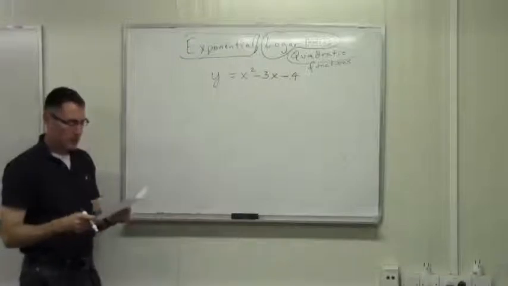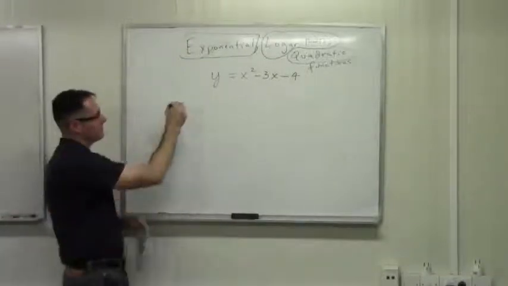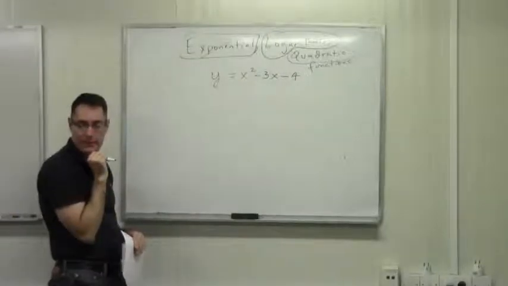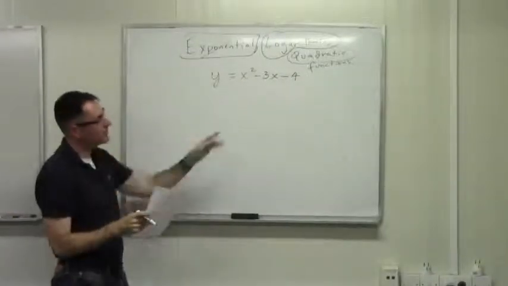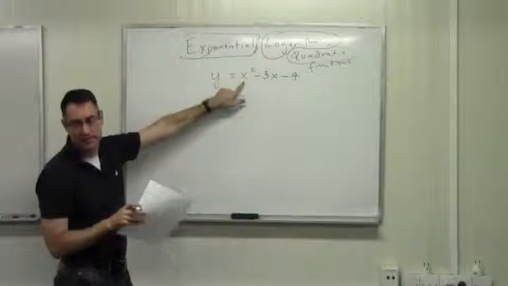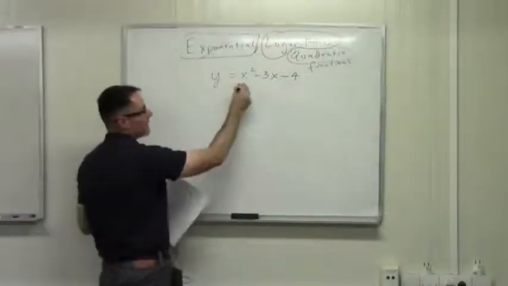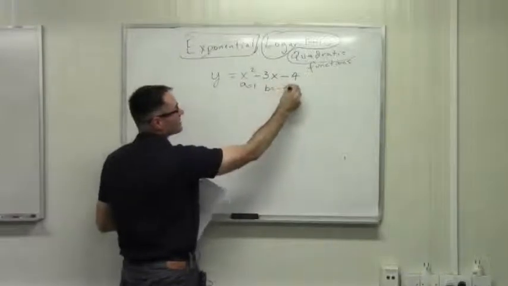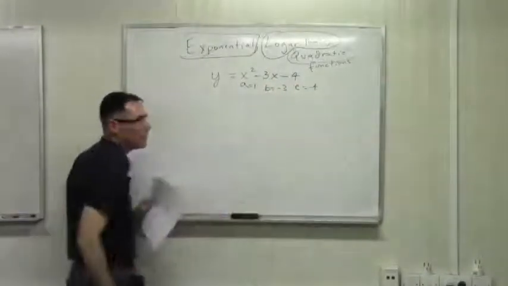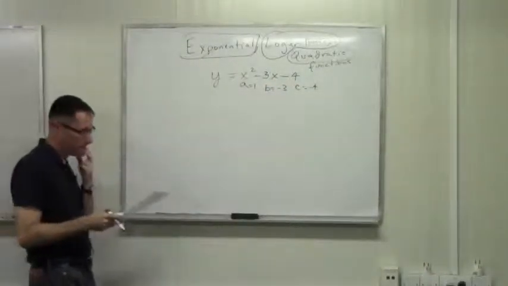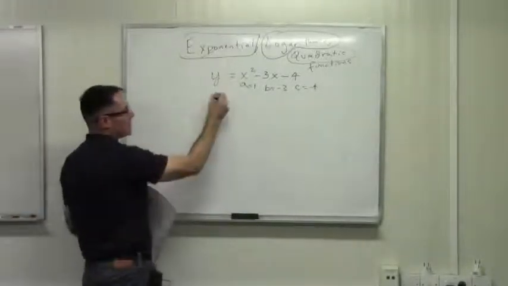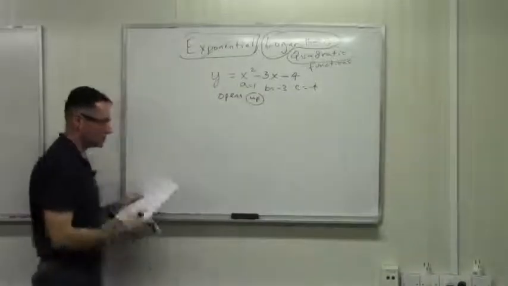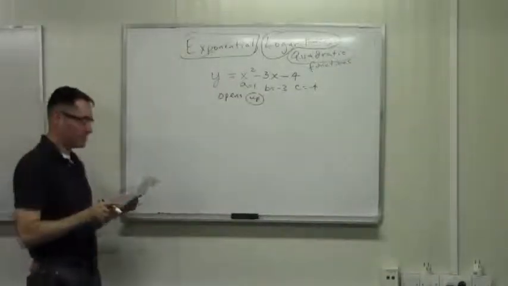Okay, does it open up or down? Opens up. Why up? It's this one, a. A equals 1, b equals negative 3, and c equals negative 4. So far, so good? All right, so it opens up. We know it's going to look like a smiley face.